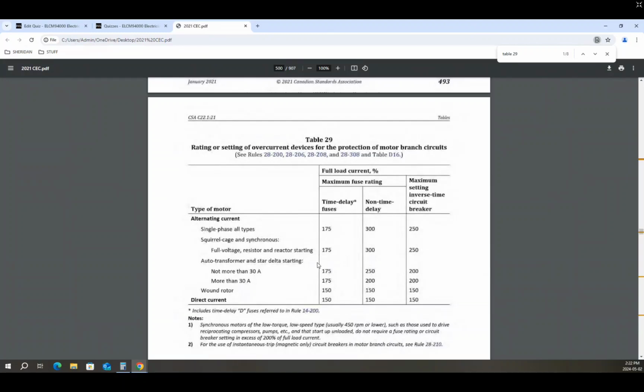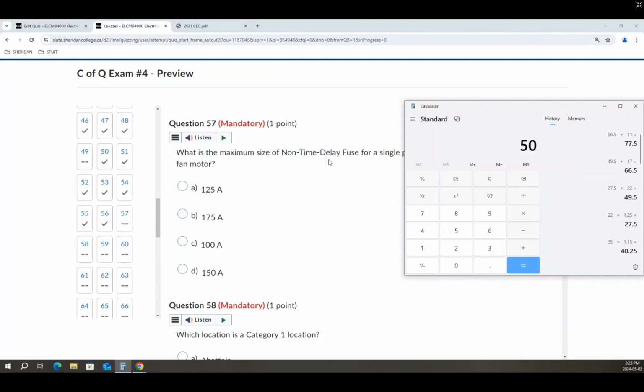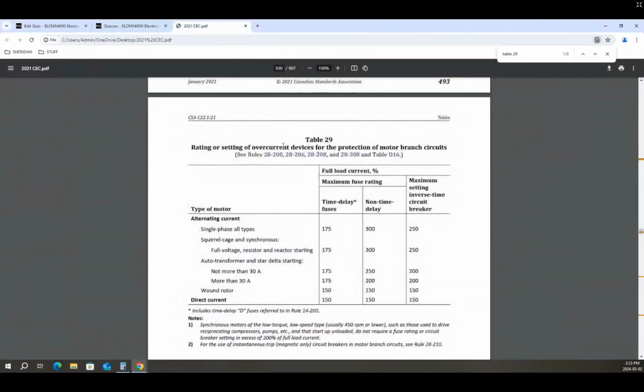My single phase, I got 50 amps. Full load current, single phase, all types, 300%.